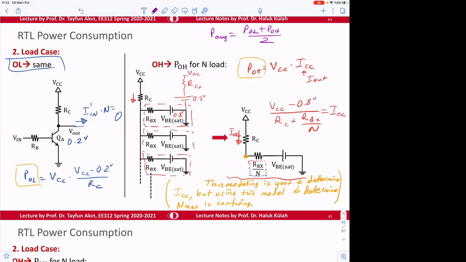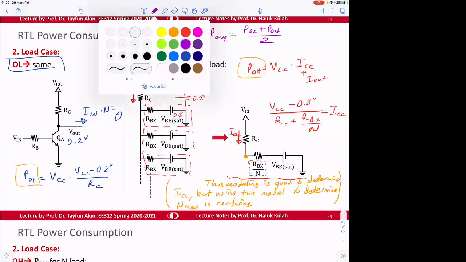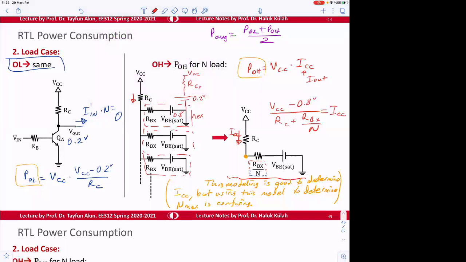Is that okay? So this is next gate 1, next gate 2.